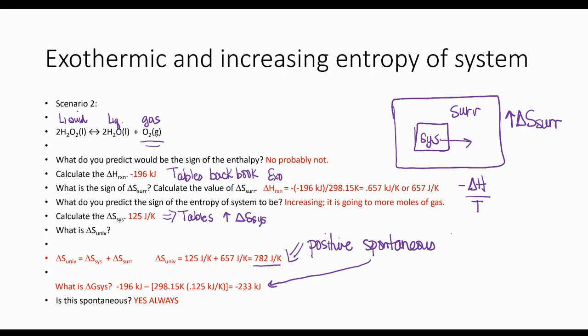And if we look at our overall equation, notice what happens with just the signs. If delta H is negative and delta S is positive, a negative minus a positive will always be negative.